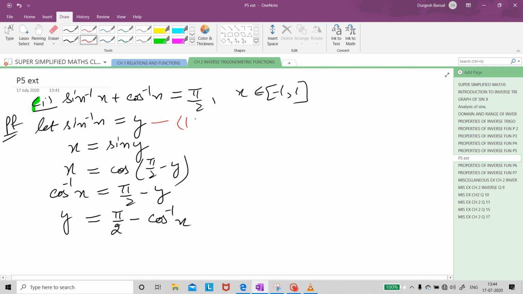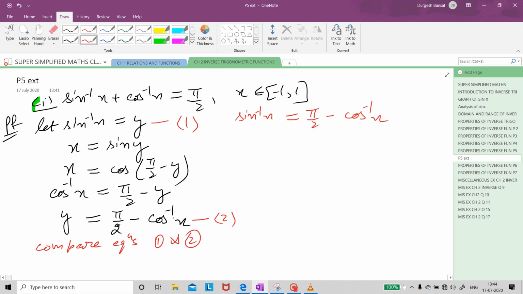Now if I call this equation 1 and this equation 2, we compare equations 1 and 2. So what do you get? Equation 1 gives you that sine inverse x is the value of y, and equation 2 gives you that pi by 2 minus cos inverse x is the value of y.